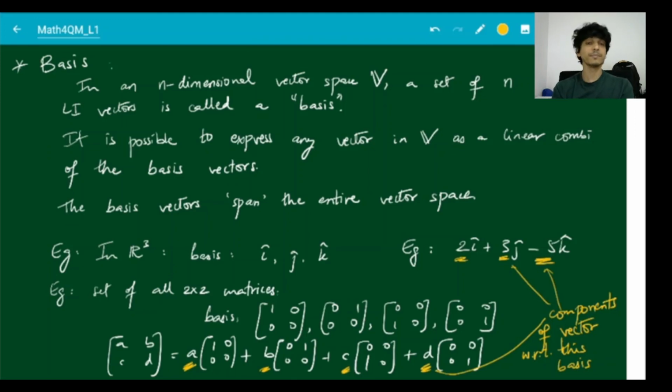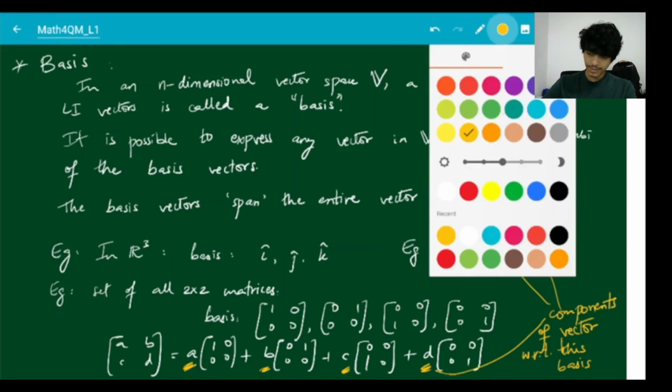And this is a very important statement. This is something that you should remember. The components of a vector depend on what basis I have chosen to define them in. If I change the basis vectors, there's nothing unique about a basis.